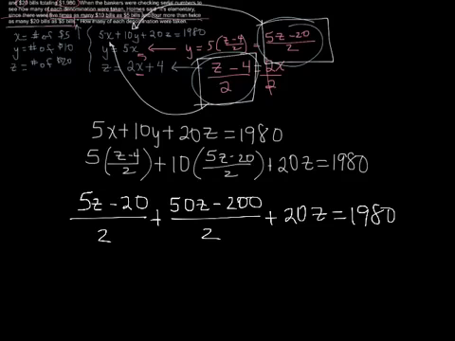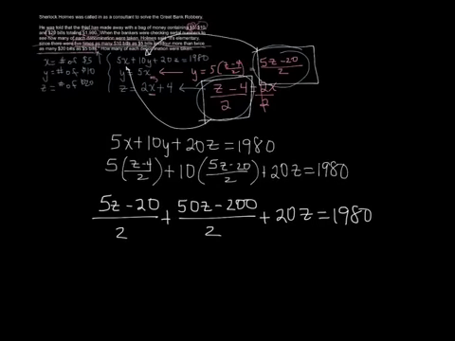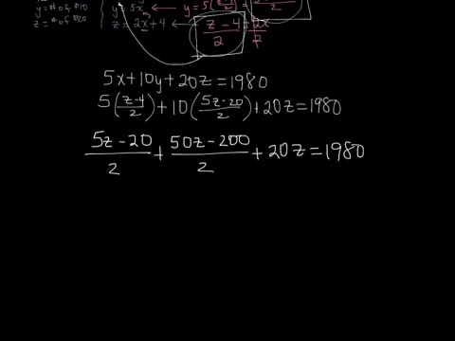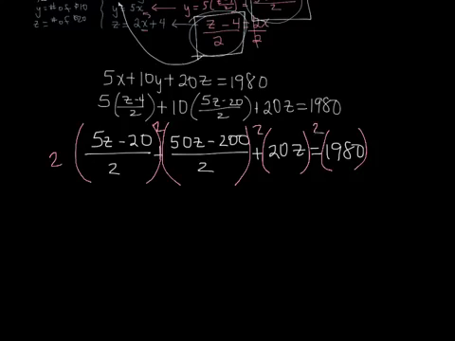Alright, so now what I'm going to do is a little trick to get rid of my fractions. I'm going to multiply every single term by 2. And the reason I'm doing that is I just want to get rid of the fractions. Not a big fraction fan.